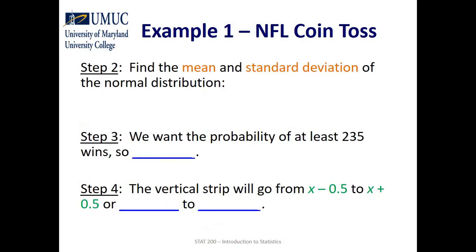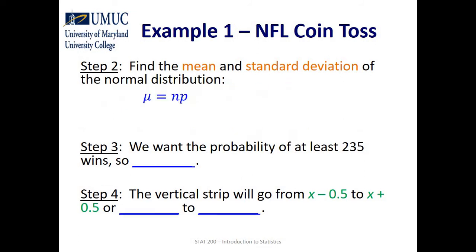Okay, step 2 is to find the mean and standard deviation of the normal distribution. We actually just found the mean when we did our check, because the mean mu equals n times p, which was 431 times 0.5, which was 215.5.